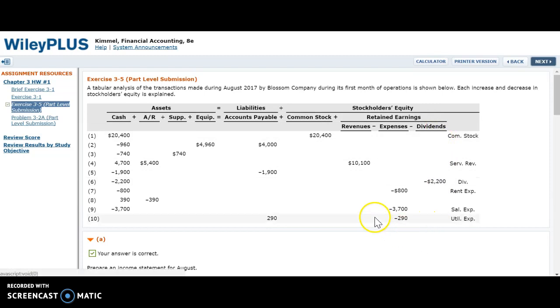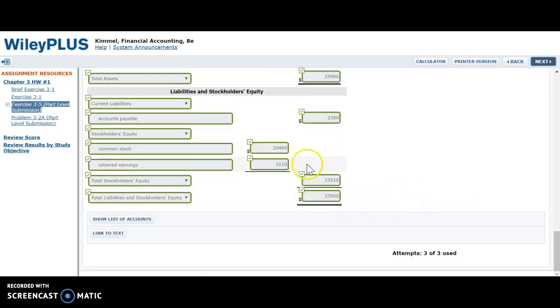It's these three columns here: revenues, subtract expenses, subtract dividends. So we'll start with the revenues, $10,100, subtract out $2,200, subtract out $800, $3,700, and $290 for a balance in retained earnings of $3,110.